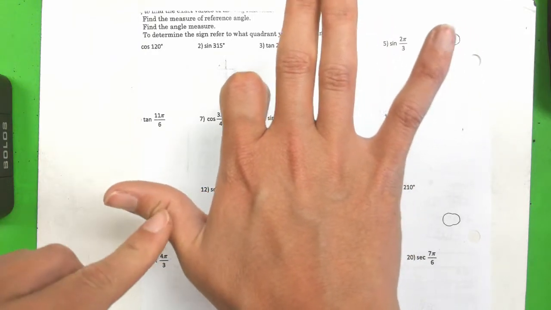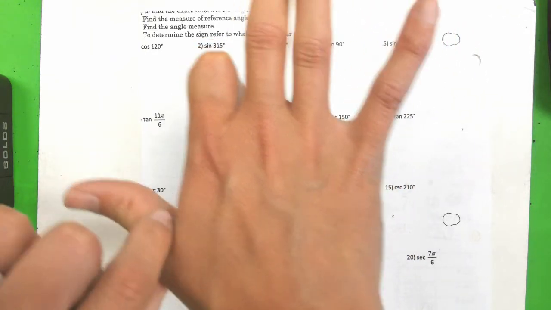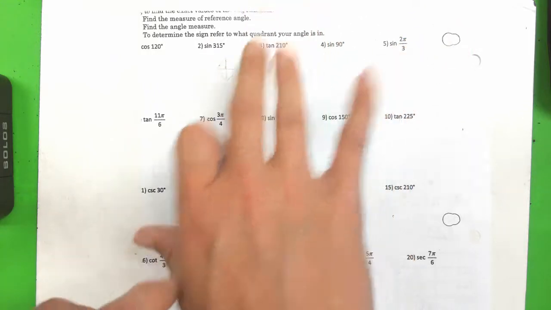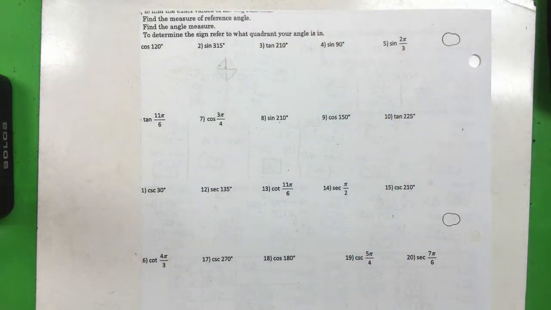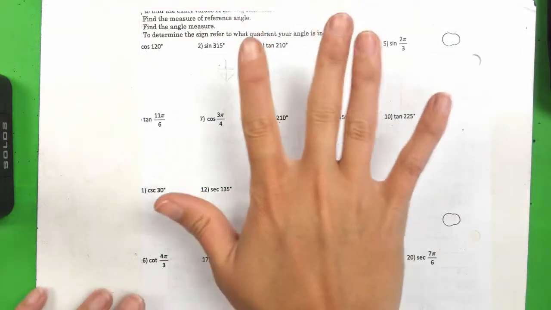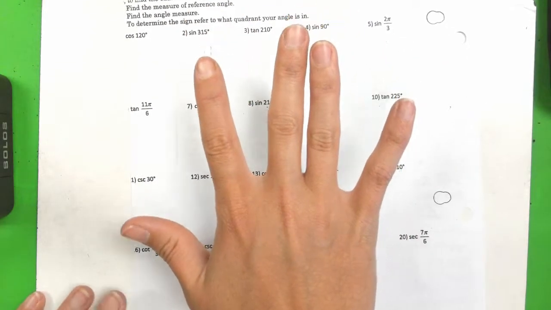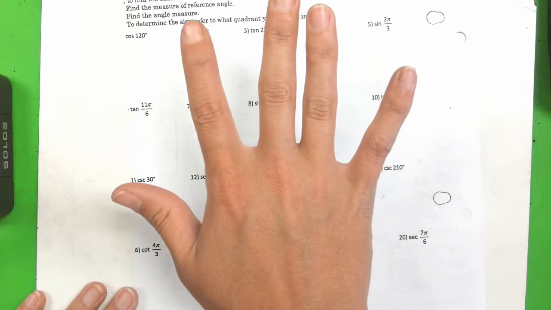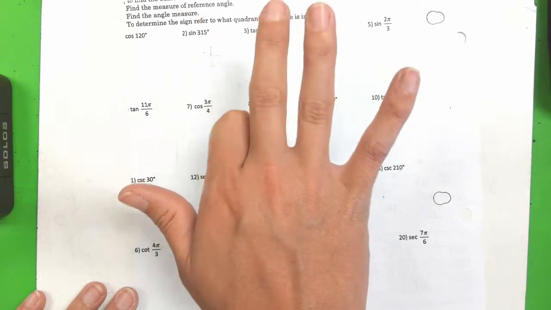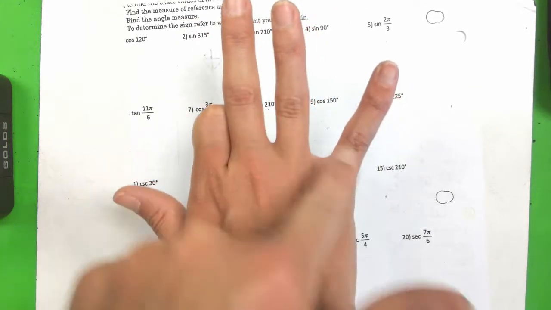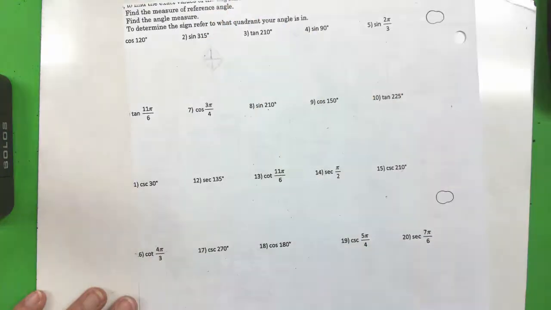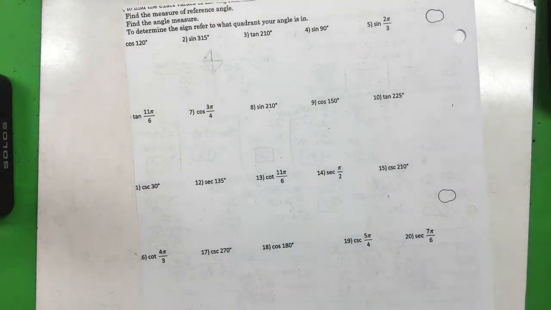So square root of 1 over 2, which is 1/2. Okay. All right. Cosine of 30. Which finger? Pinky. Good. So it'd be square root of 3 over 2. All right. Let's move on.